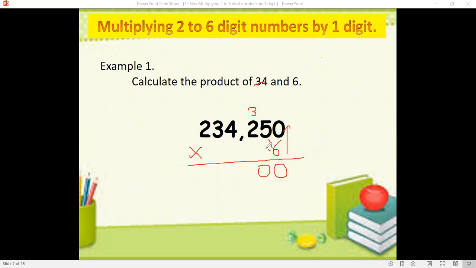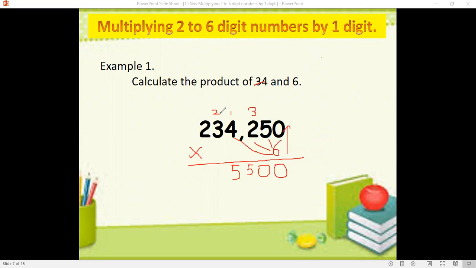So now let's multiply 6 times 2, which is 12, plus 3, 15. Again, we will write 5 here and you need to carry. Okay. Next, 6 times 4 is 24, plus 1 is 25. Again, we need to carry. Always remember, don't add the carry and the number to be multiplied first.